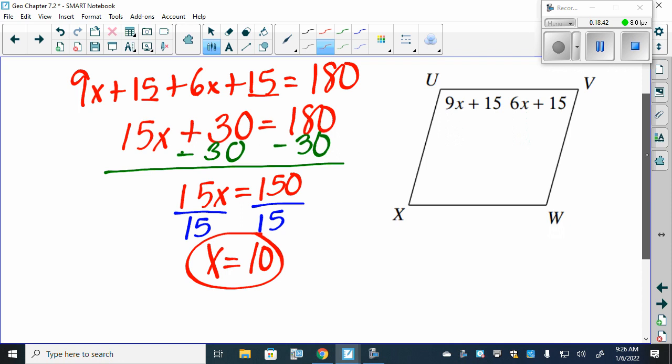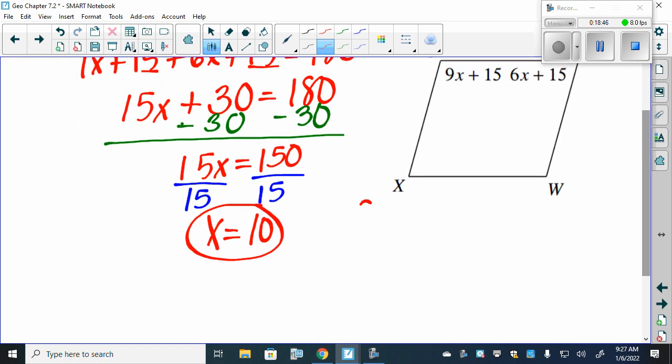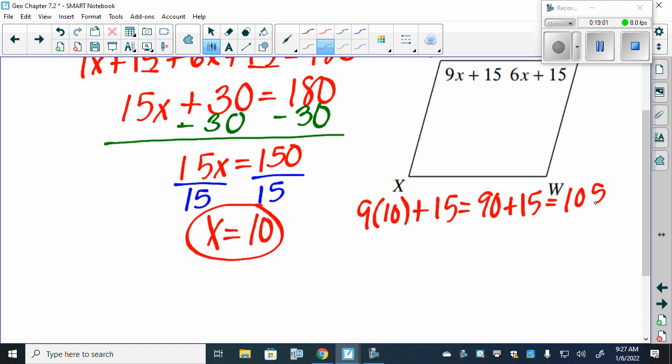Now one of them is 9 times x plus 15. Well, it would be 9 times 10 plus 15. 9 times 10 is 90, plus 15 is 105. So this angle right here would be 105. What do we think the other angle is going to be?